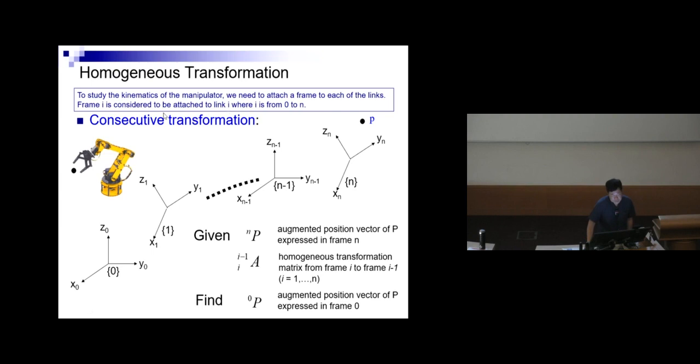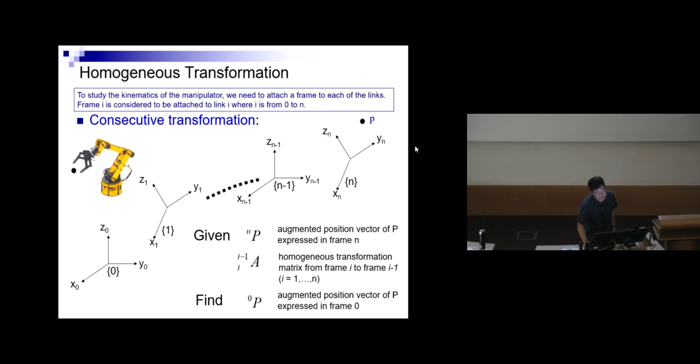Frame i will be considered to be attached to link i, where i is from 0 to n. So this is frame 0, which is your base frame, and the base frame is usually fixed. Then you have this frame n, which will typically be your end effector.